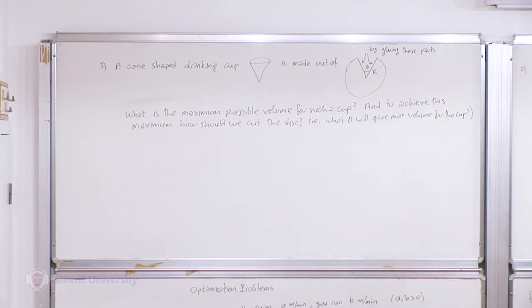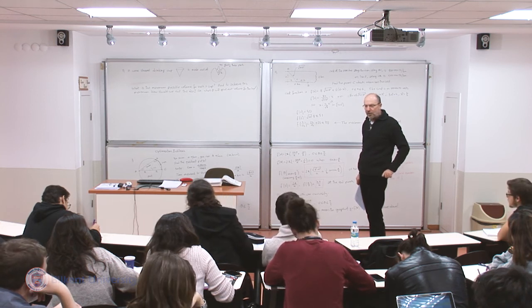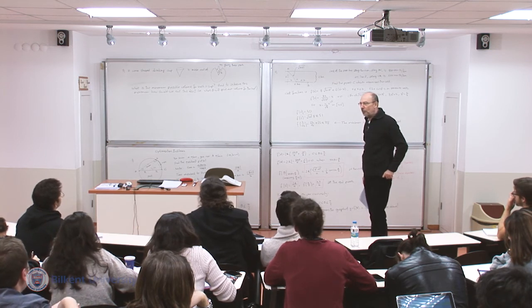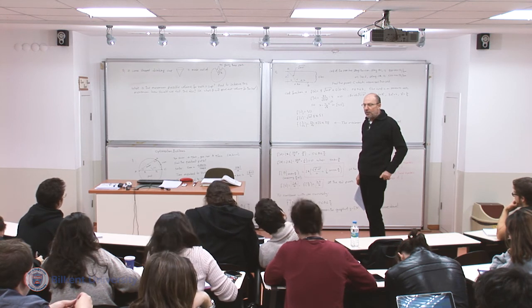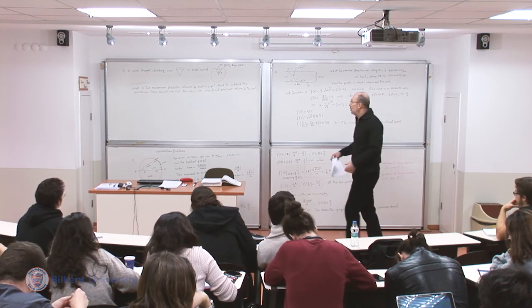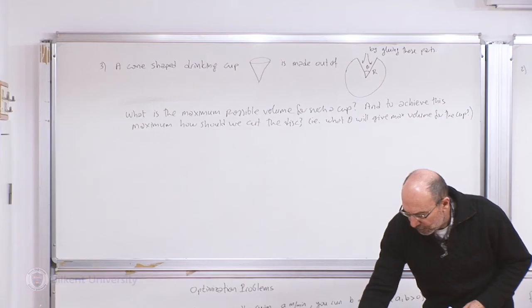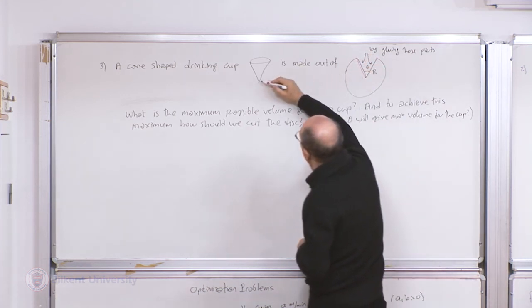Okay, so we write the volume of the cone. There are two parameters there. At first, we are discouraged because if you have two parameters, we don't know how to find the maximum or minimum. But those two parameters are dependent on each other, because this side is the same as this side.